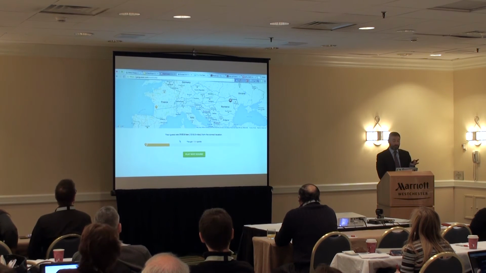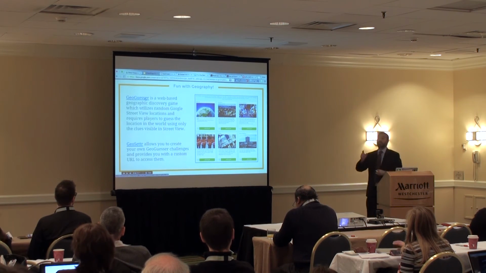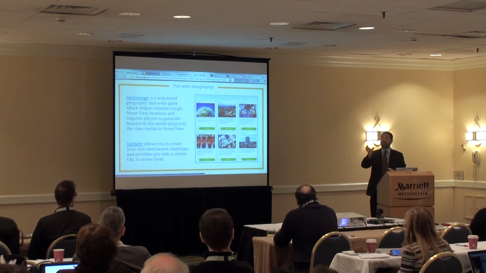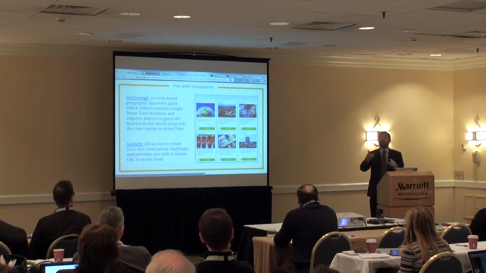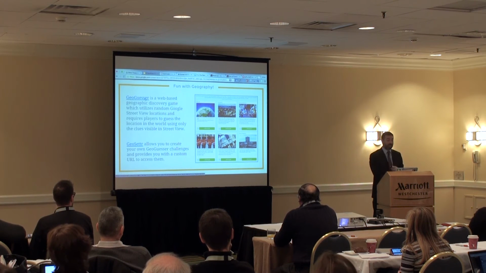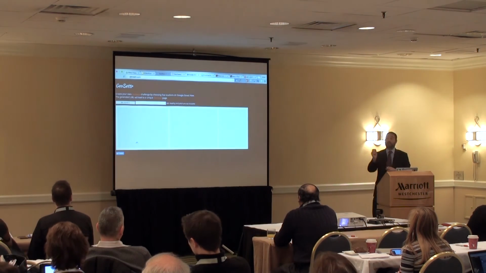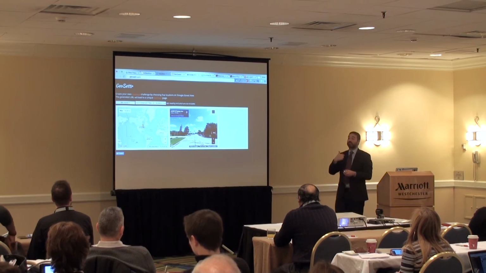Now, that's great. But if I go back to the slide, so GeoGuessr, if I go back to that main screen, we actually have the ability to pick pre-canned games for particular countries, cities, and so forth. But what if I'm studying something very specific? And what if I know what I want kids to do, but it's not one of the pre-canned games I have there? Well, they also have a tool called GeoSetter, which allows me to create a custom game based on 5 locations that I pick.